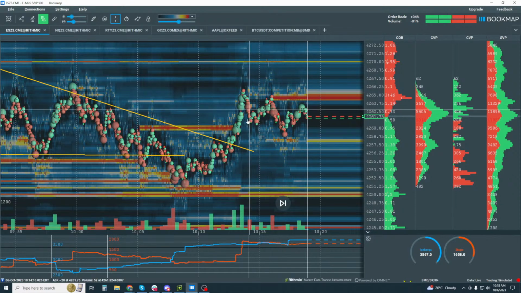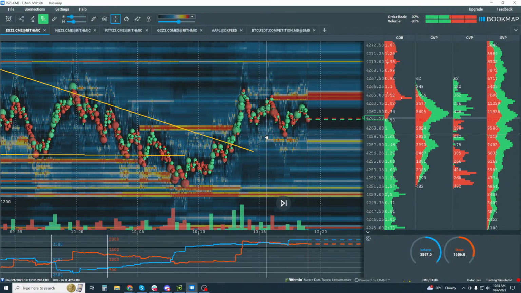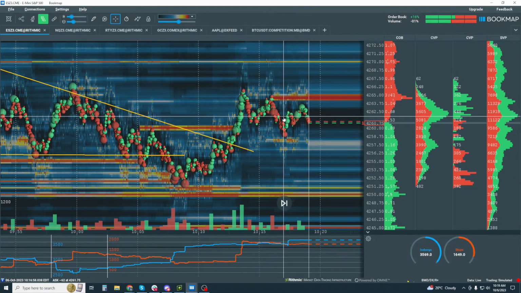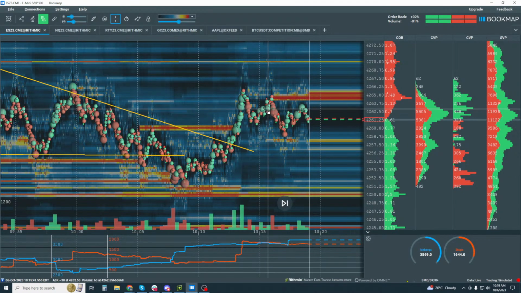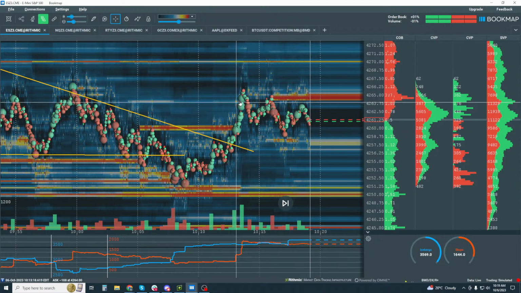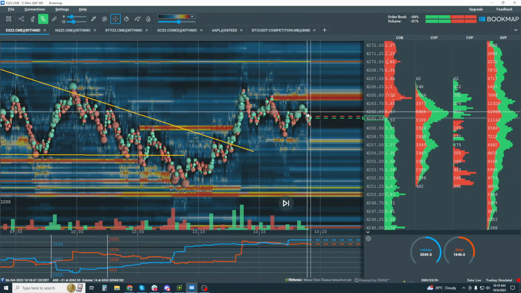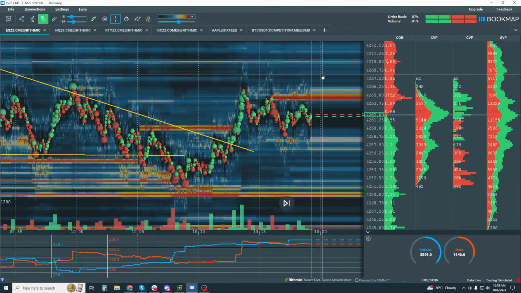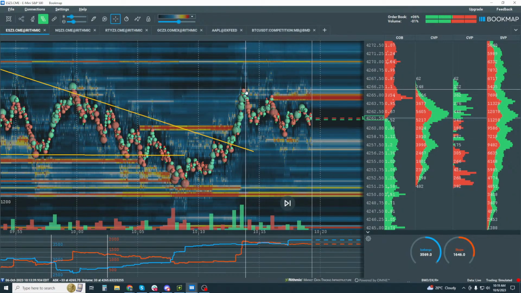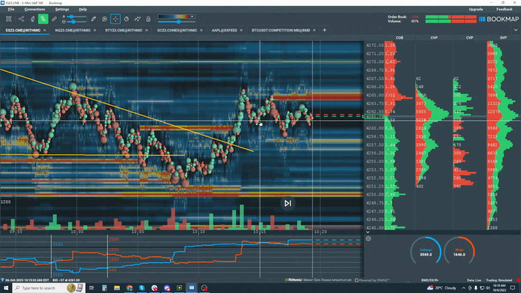Okay, so this flag pattern in here though, or I should say continuation pattern. This pattern in here is again, we're looking for low volume in here and then continuation. So strong move, just a mild pullback, and then strong move. Okay. These are the things to look for, and why I'm going over this in some detail here, Stephen, is I'm hoping that some of the order flow within some of these moves starts to resonate a bit.